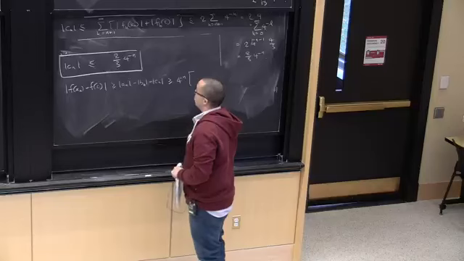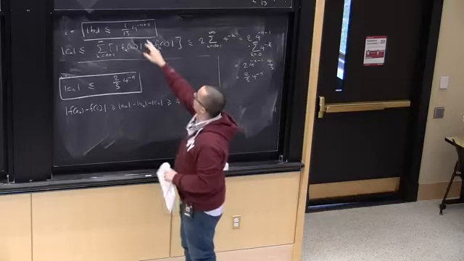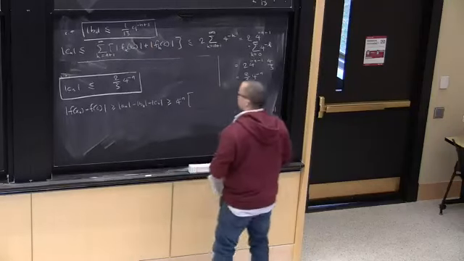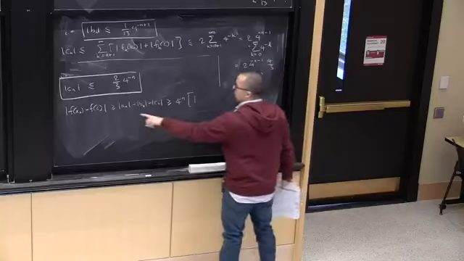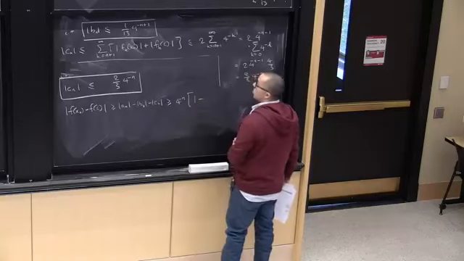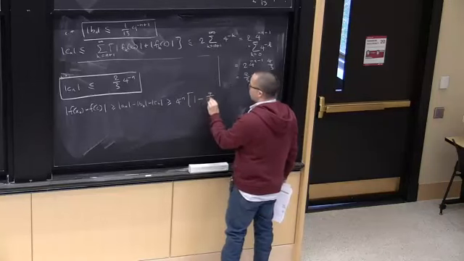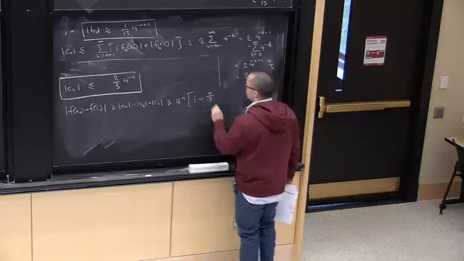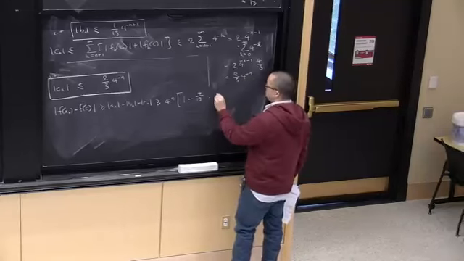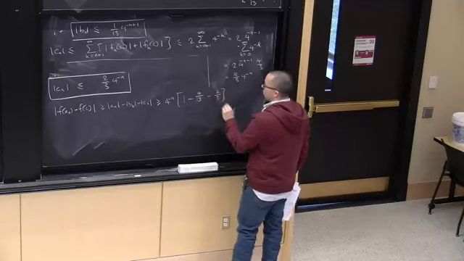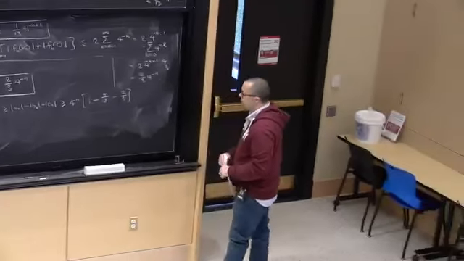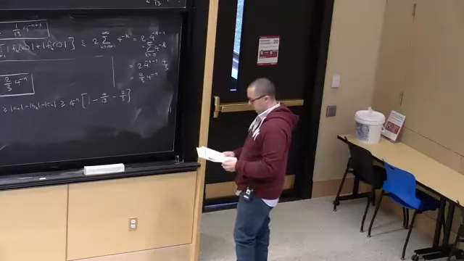This is 1 coming from the a sub n's, minus 4 over 13 coming from the b sub n's, minus 2/3 coming from the c sub n's.